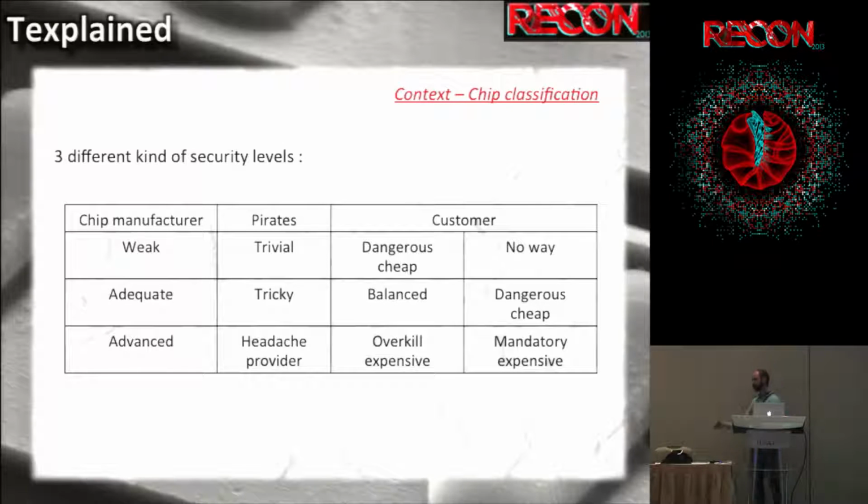But if you go to the customer side now, it's different, because it really depends on your application. If you want to have a chip for 10 years in the field, or if you want to change them every year, and depending on the size of your market and the chance that you are going to be hacked, the whole level of security can fluctuate a bit.